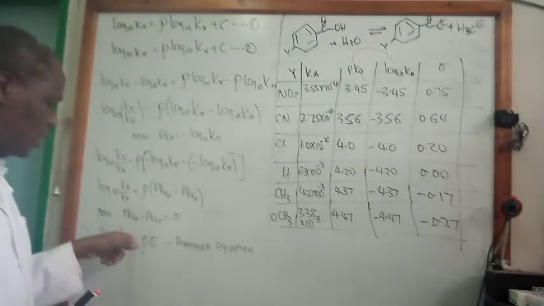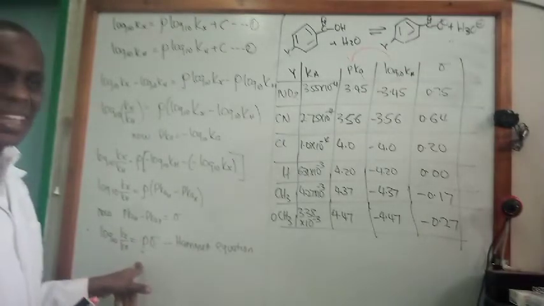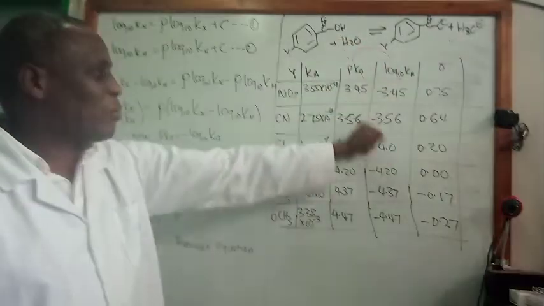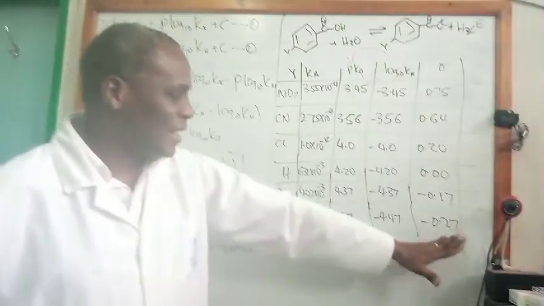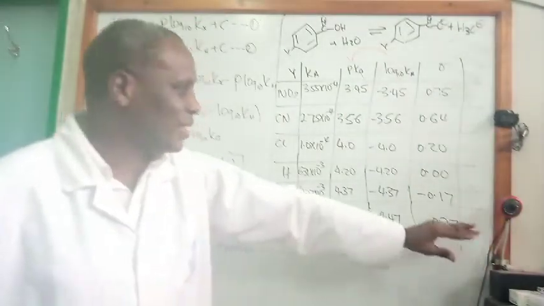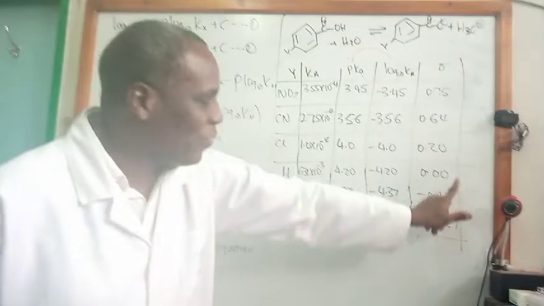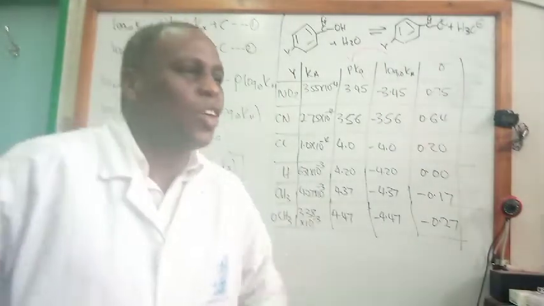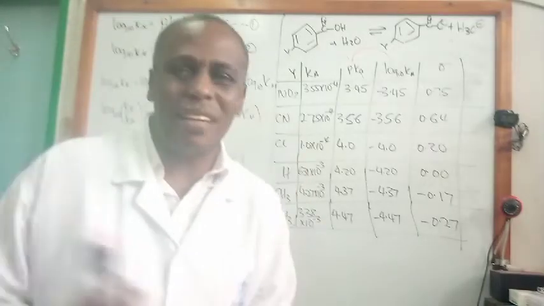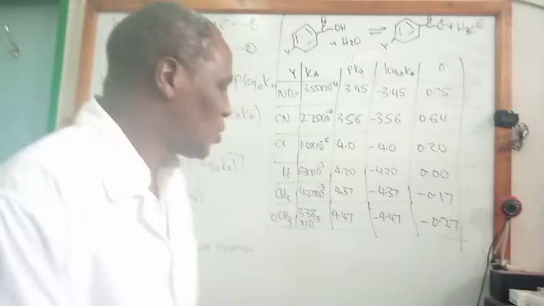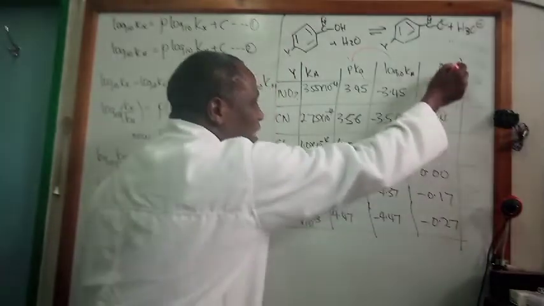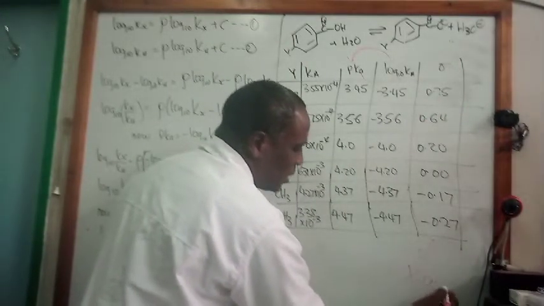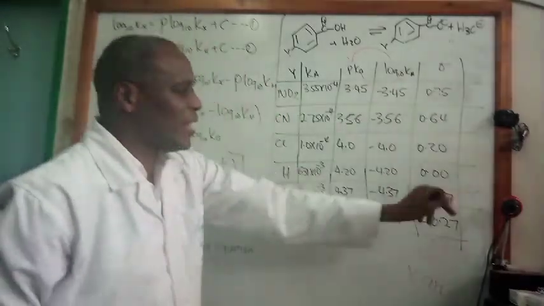So we need to find out the rate constants. This one was just to give us the equilibrium constants and therefore generate the x-axis. So these sigma values are for the x-axis for the graph that we want to draw.